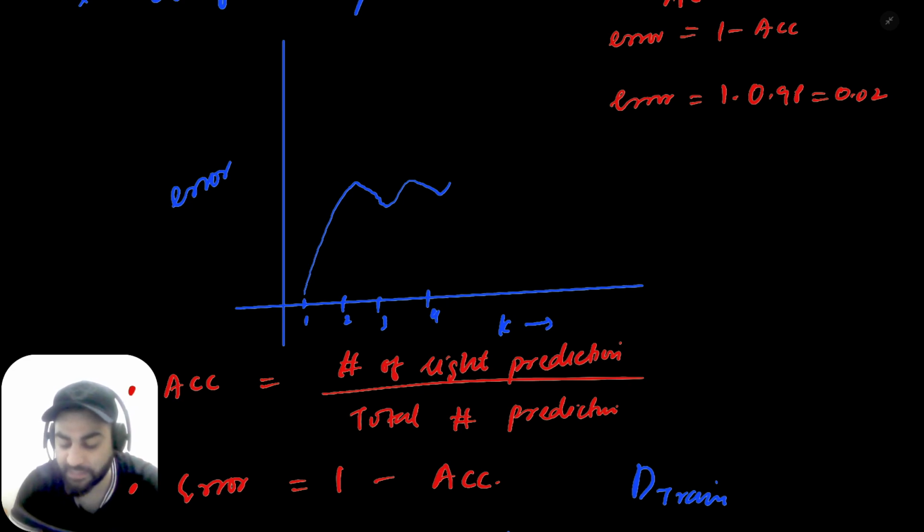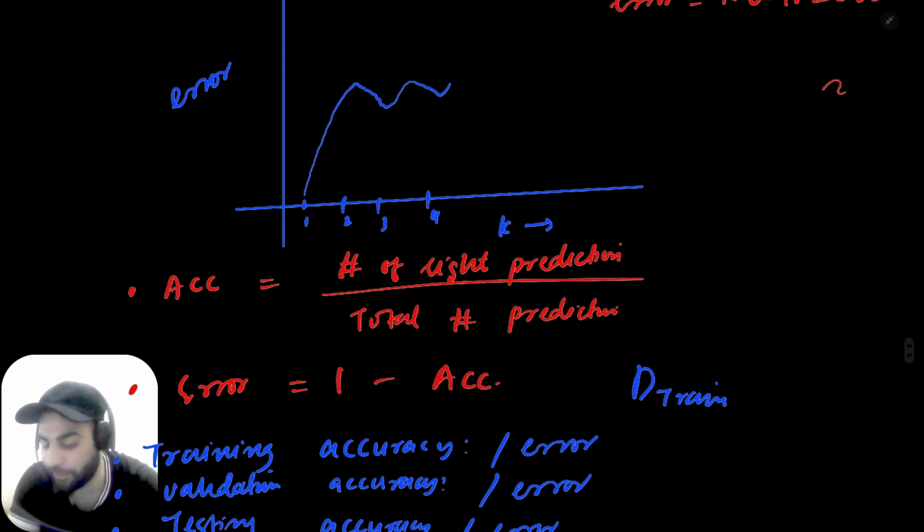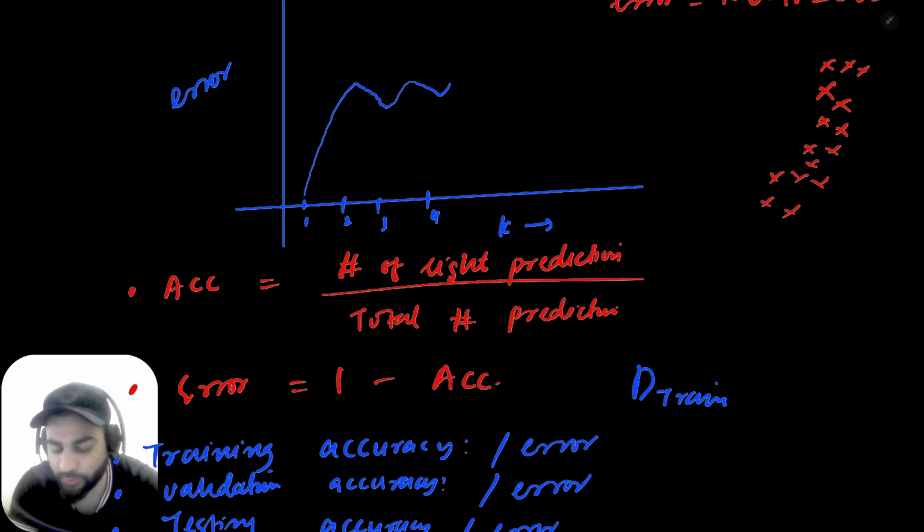If I paste that diagram, so if I have my data like this, this is the training data I had. Let's suppose I had some mistake over here, some abnormal point here.